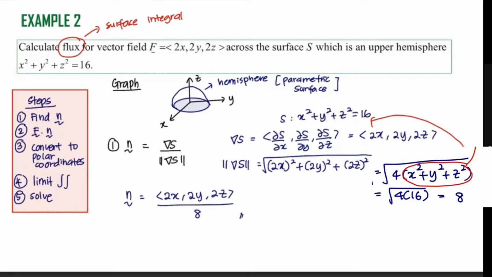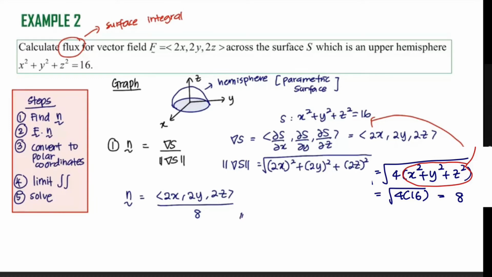Then we find the magnitude of del S. When you simplify, you will get 4 multiplied by x square plus y square plus z square. Refer to the equation, this one equals 16. So 4 multiplied by 16, and then square root, you will get 8. So this is n.